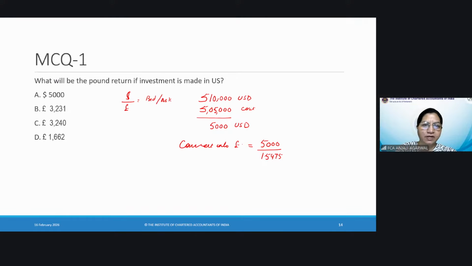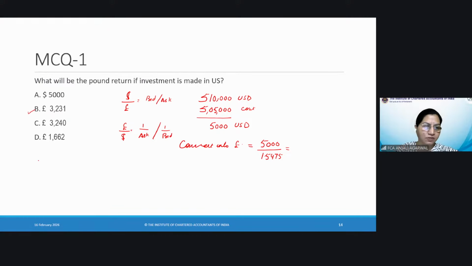So you can convert it. How much will each dollar give you? 1 upon ask, or 1 upon bid. So we are going to sell $5,000 and we are going to end up getting 5,000 divided by 1.5475. That means 3231.01 pounds. Is this clear?